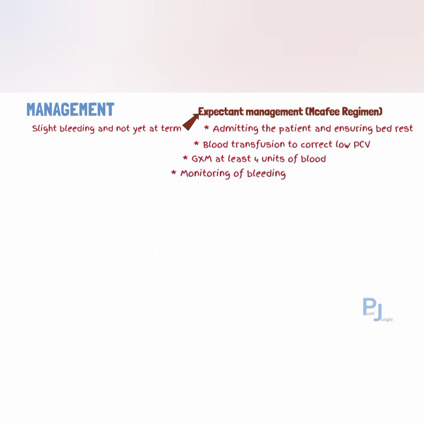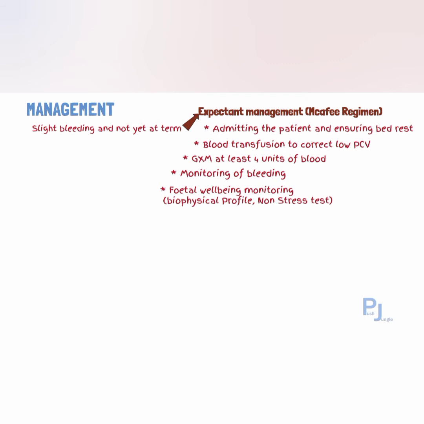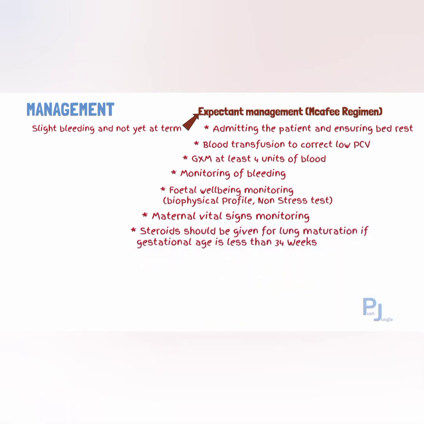Patient keeps perineal pad, which should be checked twice daily to monitor bleeding. Fetal well-being monitoring, which includes the fetal biophysical profile and non-stress test. Maternal vital signs monitoring. Steroids such as dexamethasone, betamethasone can be used for lung maturation if the gestational age is less than 34 weeks.